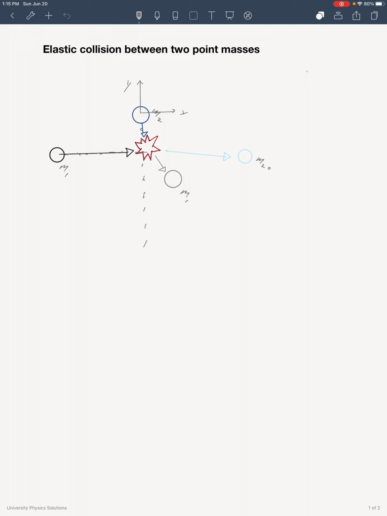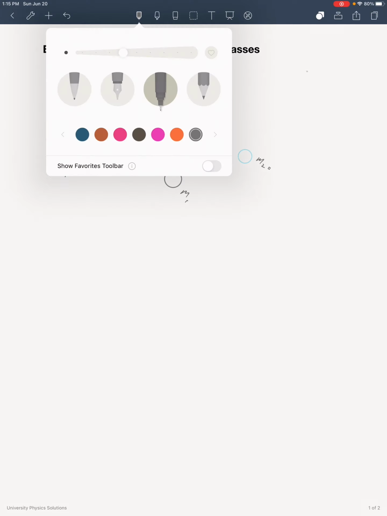Alright, but what if I put my coordinate system not just in a convenient orientation but also with the origin traveling with M2? So in this case it is as if I'm riding on top of mass 2. And so if I do that, then this situation would actually look like this.